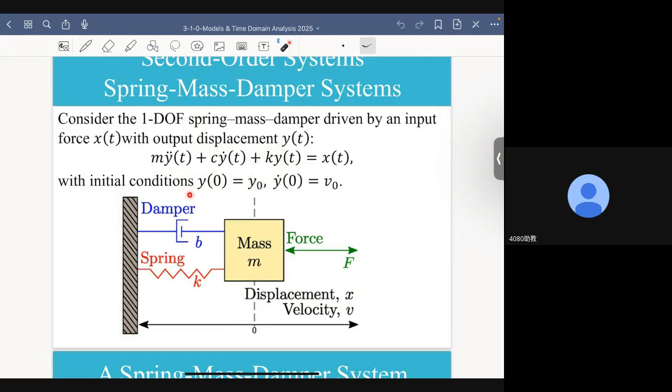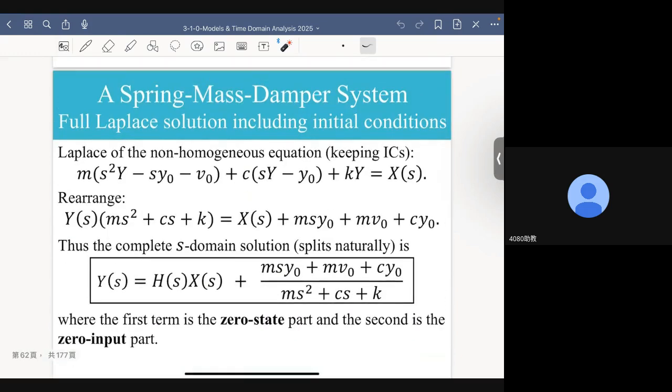Here, we have initial displacement y0 and initial velocity v0. So this essentially is a 1 degree of freedom system. And typically, a single degree of freedom system, especially a mechanical system, can be represented as a second order differential equation.